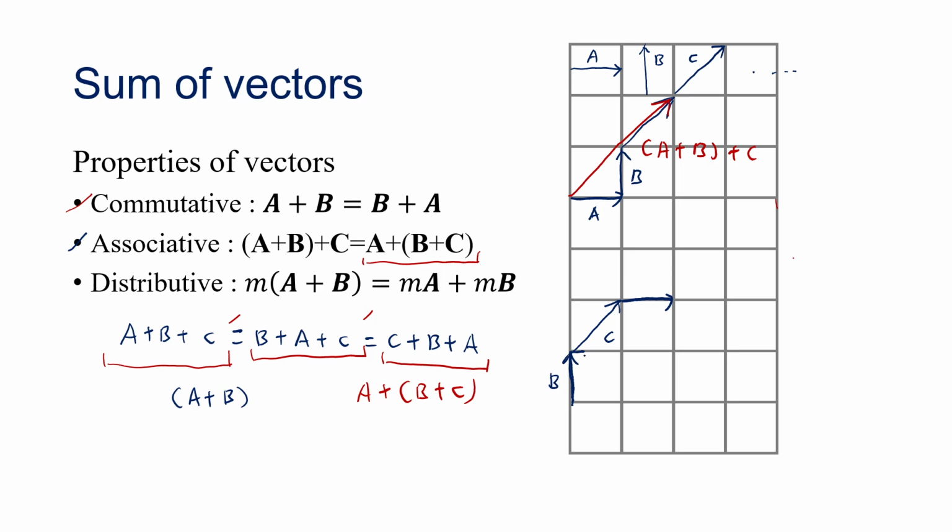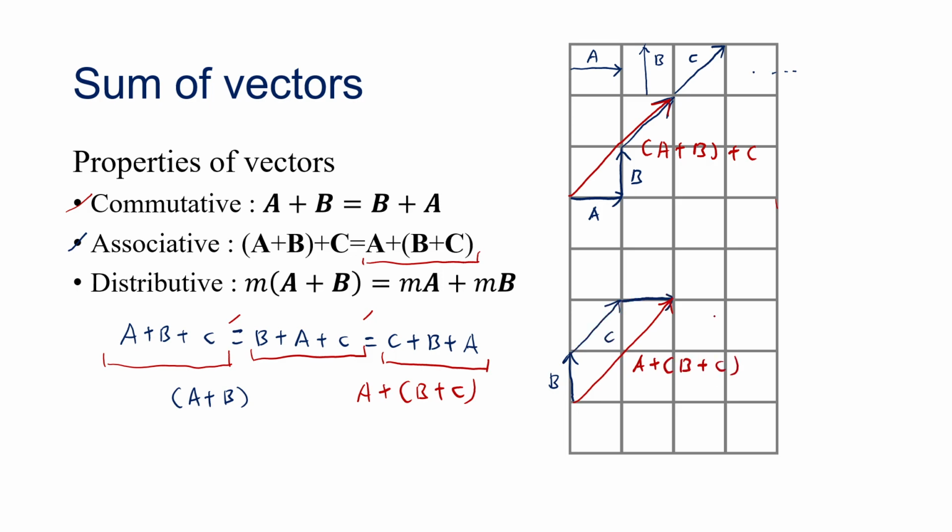Now you can see the resultant vector here. We sum out all the vectors. Actually, they will give back the a plus b plus c.